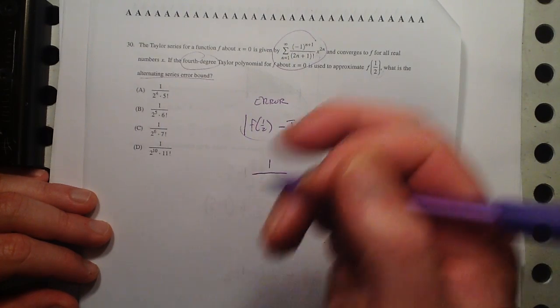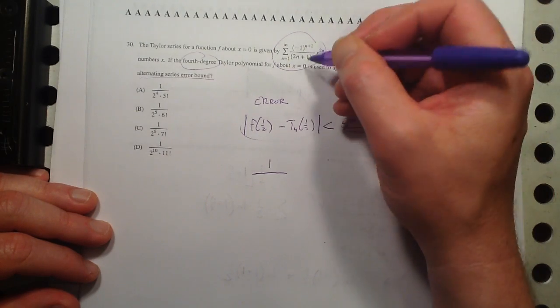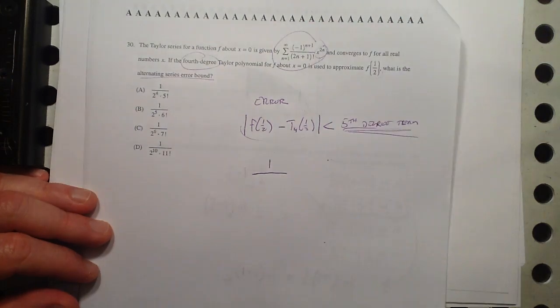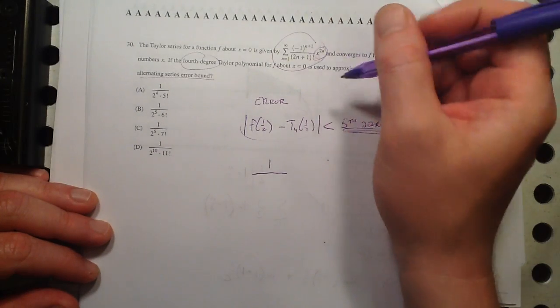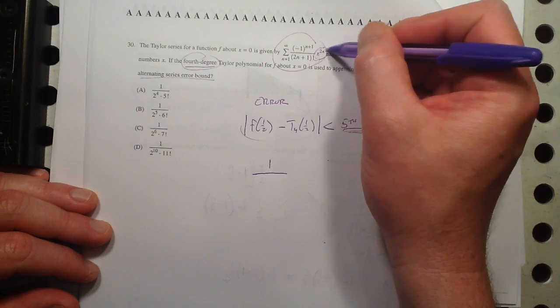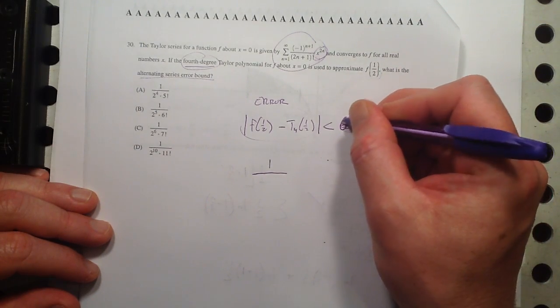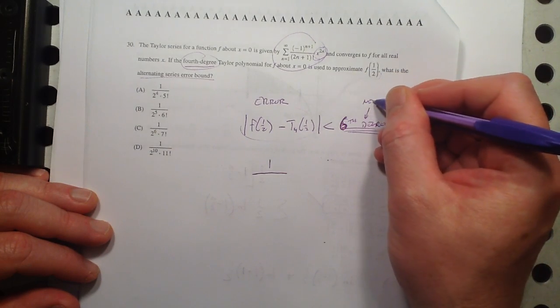It's actually going to be the 6th degree term, because when I plug in these, notice that these are only even exponents. If these are only even exponents, then the 4th degree Taylor polynomial is what I get when I plug 2 into this. So this is actually going to be the 6th degree term because there is no 5th degree term. So this is the next term.